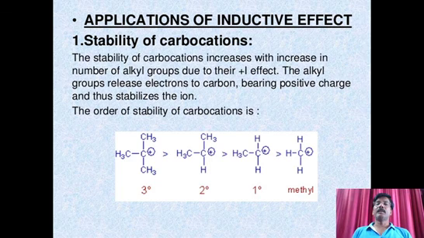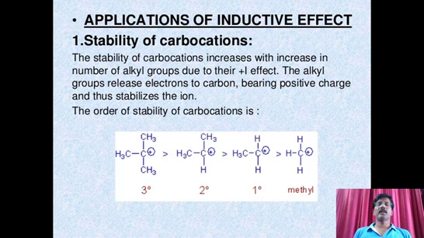Now, stability. When we discuss the stability of carbocations, the positive charge on the carbon should be less. If the positive charge is minimized, it becomes more stable. If the positive charge is increasing, it becomes less stable. It is simple to understand.